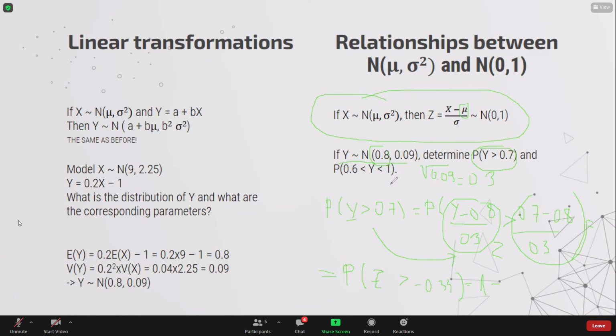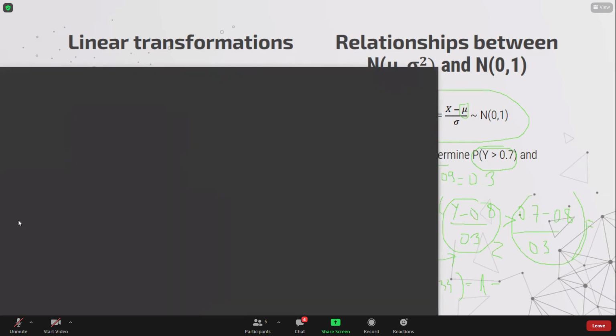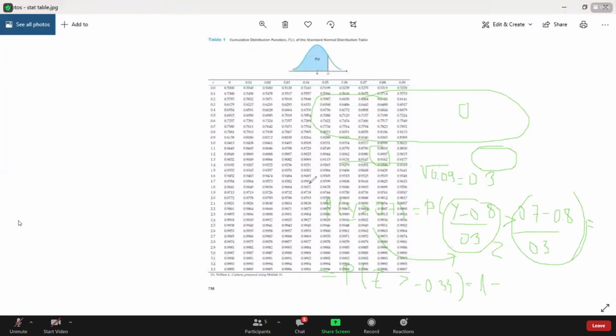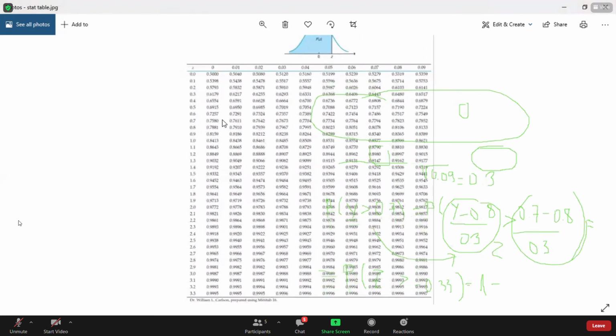Do you want me to show you again the image with them? Yes. Do you find your number here?